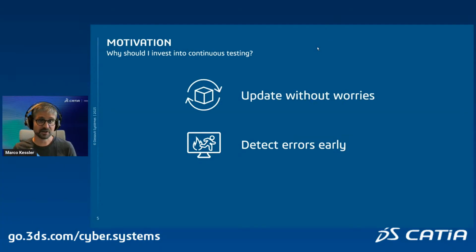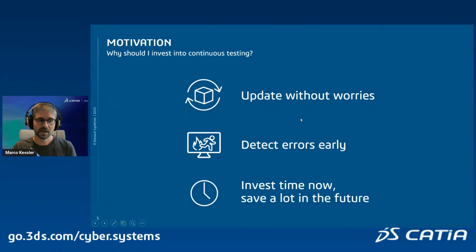Next, if there is an update to your infrastructure, to Dymola, or to the libraries you're using, you have to make sure that your models still work. And if you have good test cases, you can update without worries because you just run your test cases and then you will detect the small issues quite easily. In the end, the main idea of testing is that we invest some time now to save a lot of time later, because updates and errors which you didn't expect will hit you more often than you want.